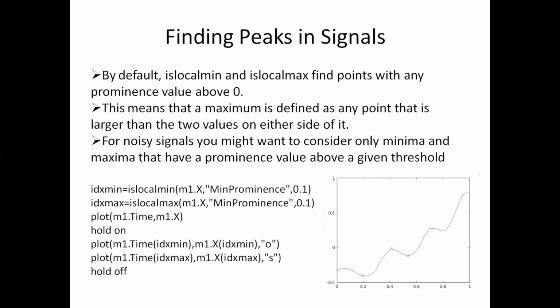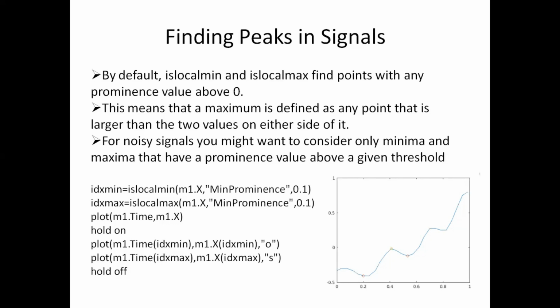But when we have noisy signals, the noise may cause some spurious minima and maxima, and some prominence values may arise due to this noise. So in order to avoid such interference from the noise, we can set a minimum threshold value, and we can define that only those local minima and maxima which are above that particular threshold value are to be identified.